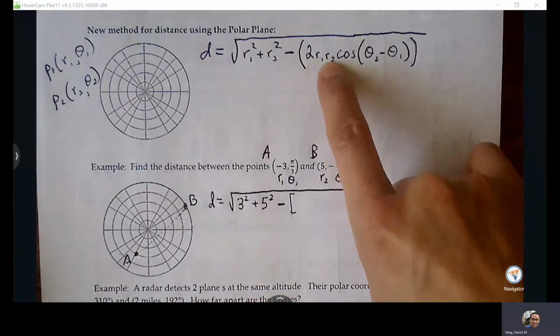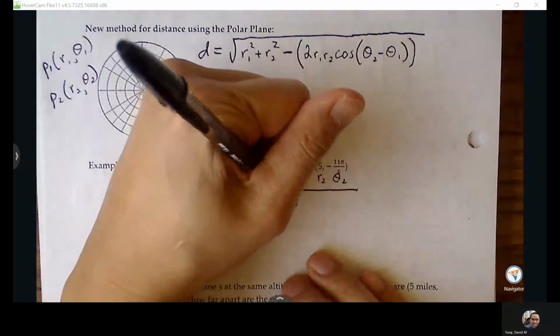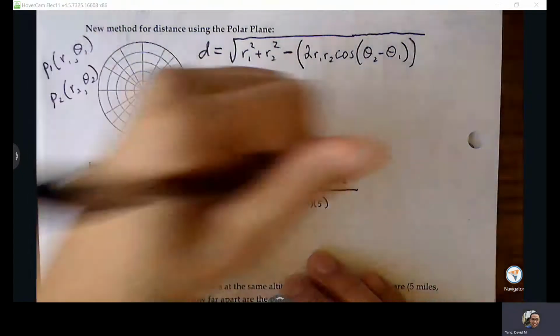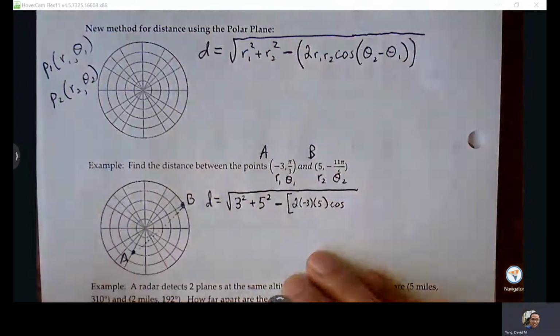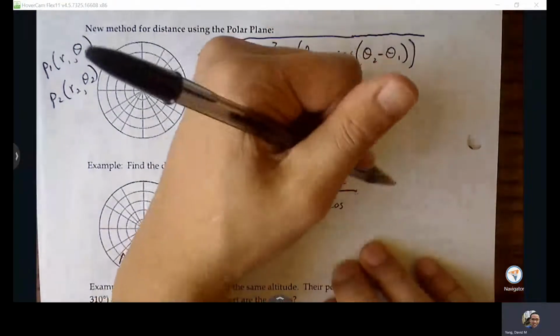Two R1 R2. That's 2 times negative 3 times 5. And a cosine of theta 2 minus theta 1. So theta 2 minus theta 1.